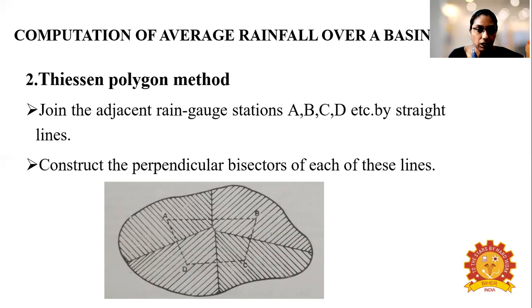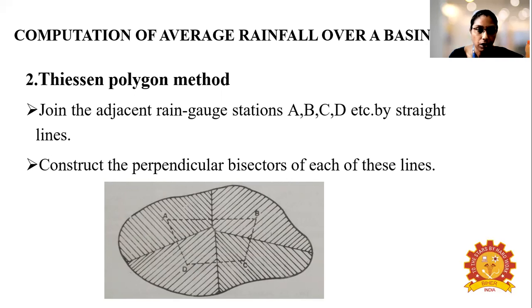Then you construct a perpendicular bisector for all the lines. That is, for AB you construct a perpendicular bisector. Similarly for BC, then DC, and similarly for AD. Then you extend the lines so that you get a separate area for all the rain gauge stations.